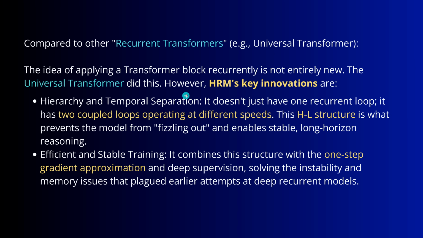The temporal separation: it doesn't just have one recurrent loop, it has 2 coupled loops operating at different speeds. I'll show you this in 1 minute. So this high and low structure is what prevents the model from fizzling out and enables stable, long-horizon reasoning performance. Plus, I already told you about the one-step gradient approximation.